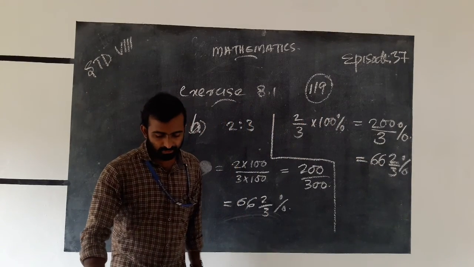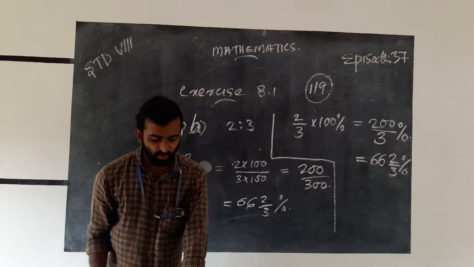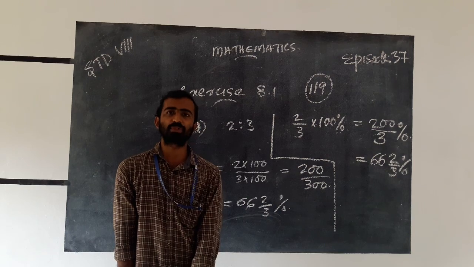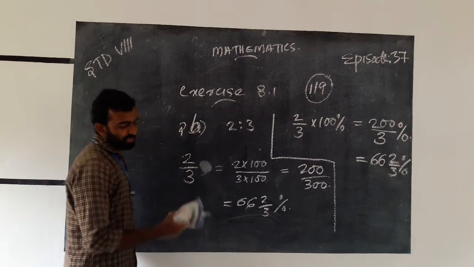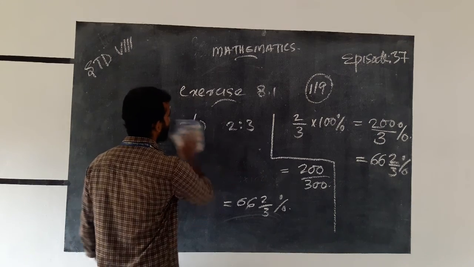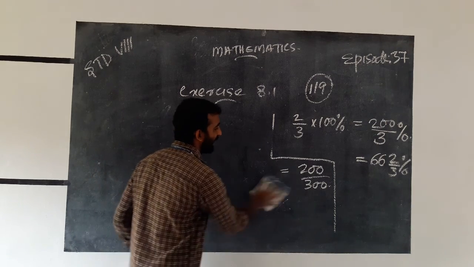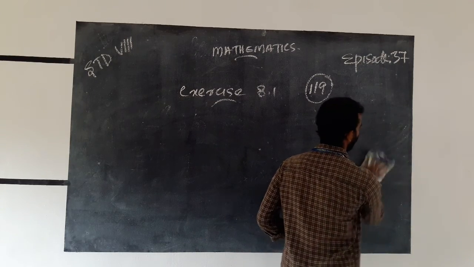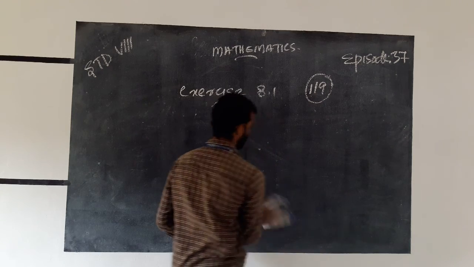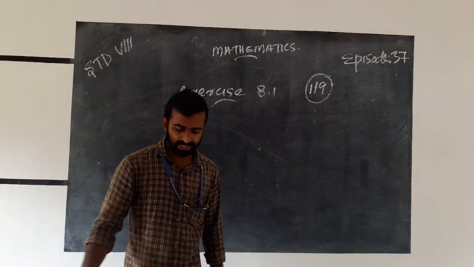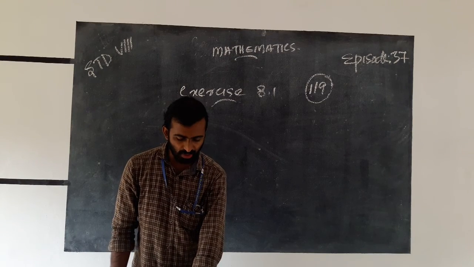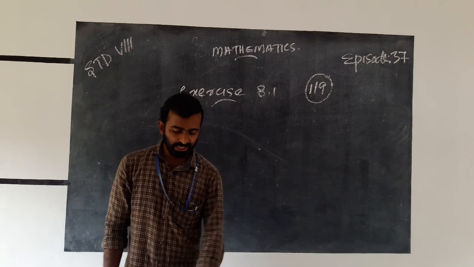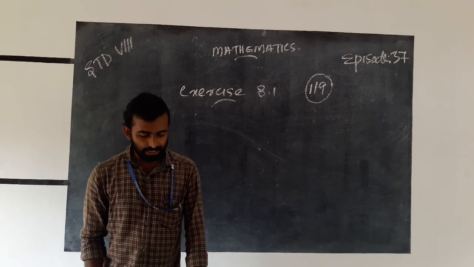Next is the third question. 72 percentage of 25 students are interested in mathematics, to study mathematics. How many are not interested in mathematics? We can find this in two ways.